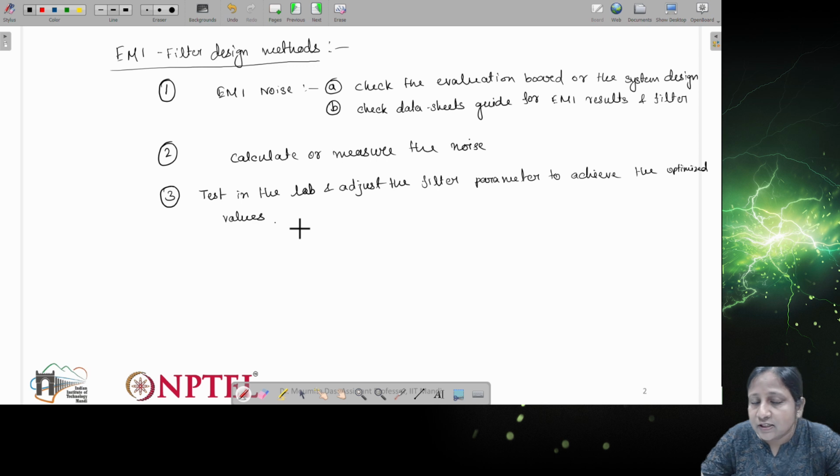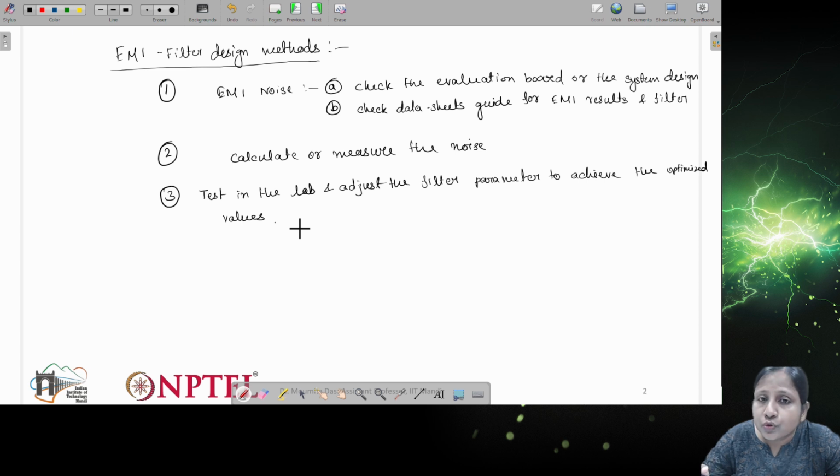In place of the filter it can be any type of filter, but other than the main filter part, there will be additional components connected in the system before actually connecting to the main converter. All these components will come.